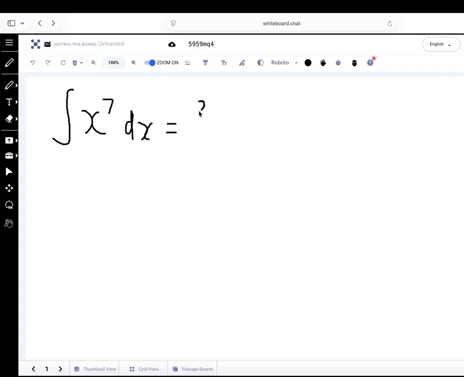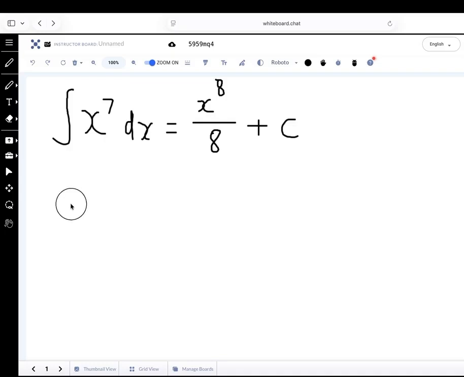First, we need to add 1 to the exponent. 7 plus 1, that's 8. So, the exponent will be 8, the new exponent. And remember to divide the whole expression by the exponent shown here, which is 8 again. And then plus c, the constant of integration.